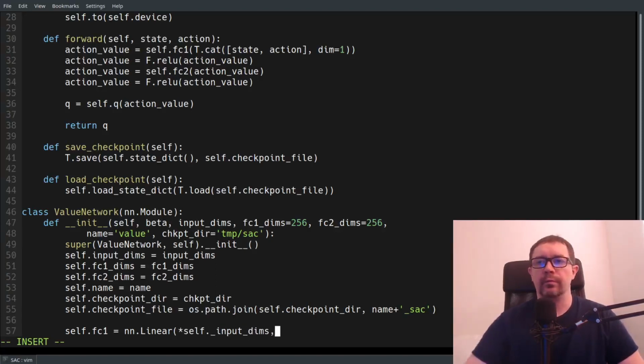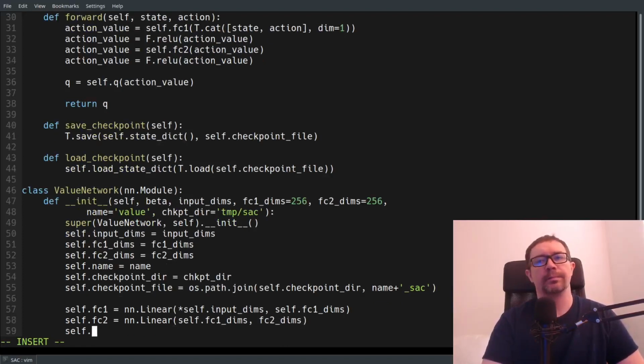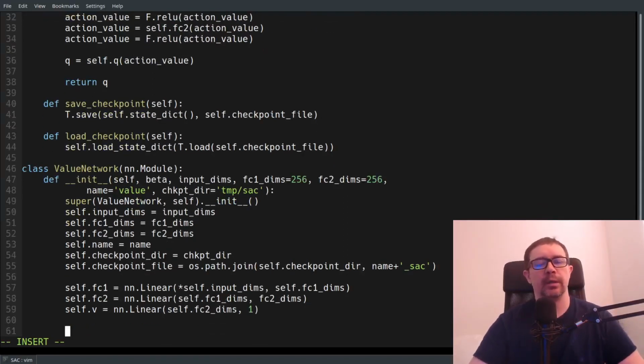We're going to go from input dims to FC1 dims, second connected layer, and an output layer, and that'll be a scalar quantity, so it's just FC2 dims by 1.